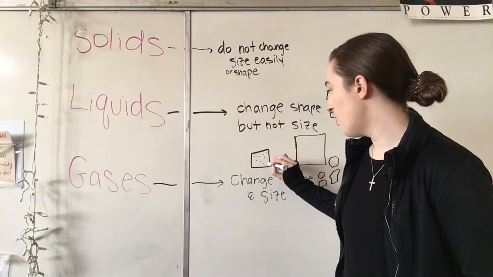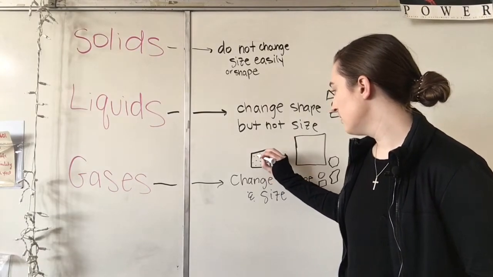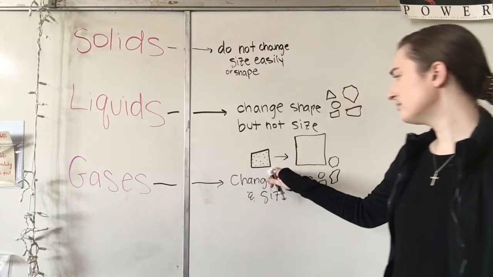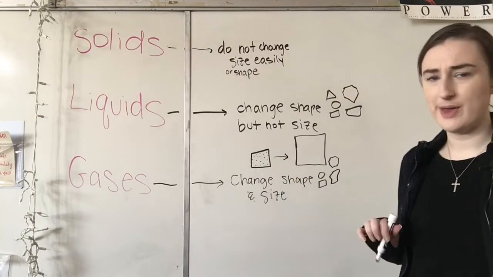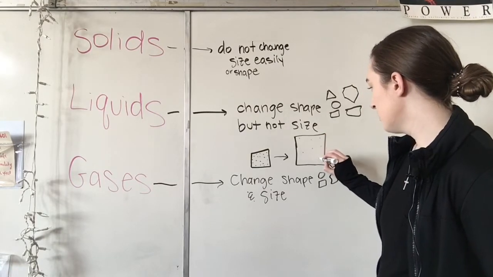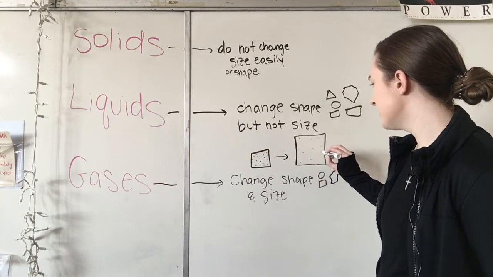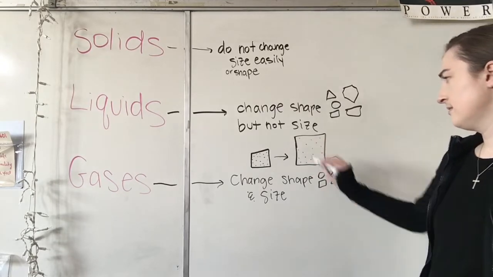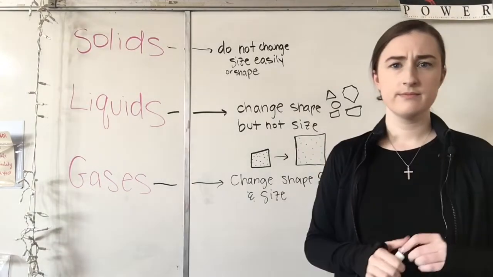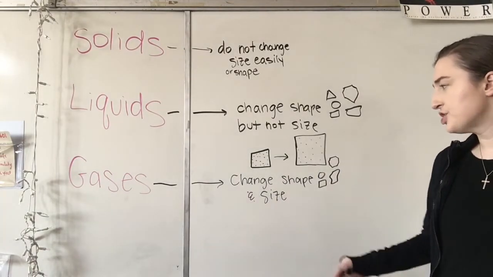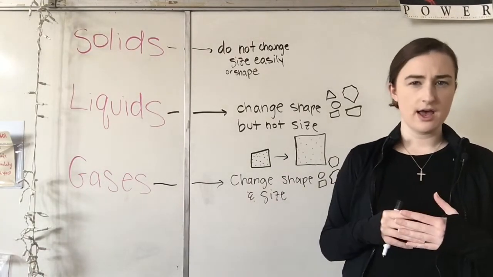They're going to take up the whole space, but they're still going to be as spread apart as they can. If we move it to a bigger space, it's going to spread out more, but it's still going to take up the entire space. So gases change shape and size.